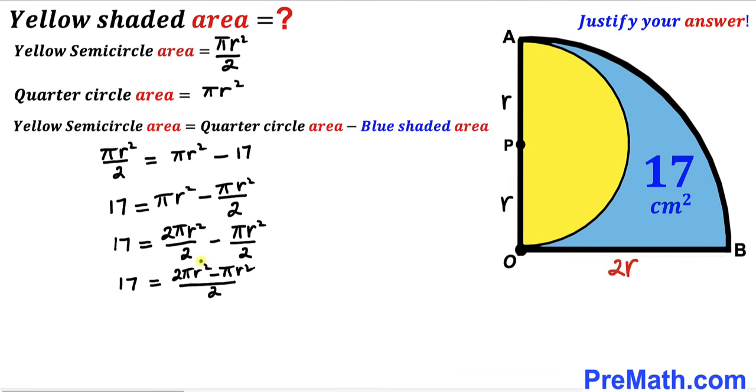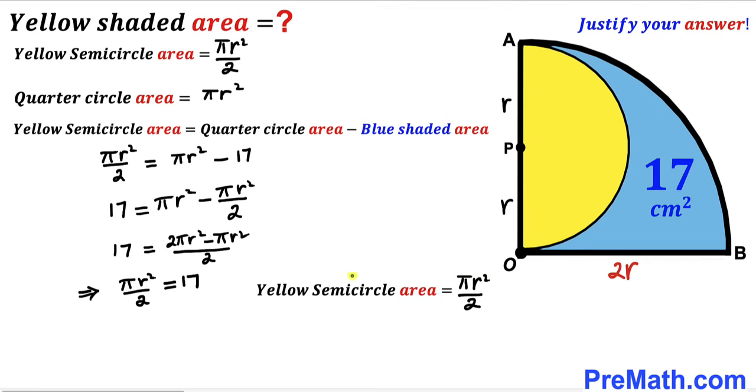In the numerator, 2 pi r square minus pi r square gives us simply pi r square. So our pi r square divided by 2 value turns out to be equal to 17.